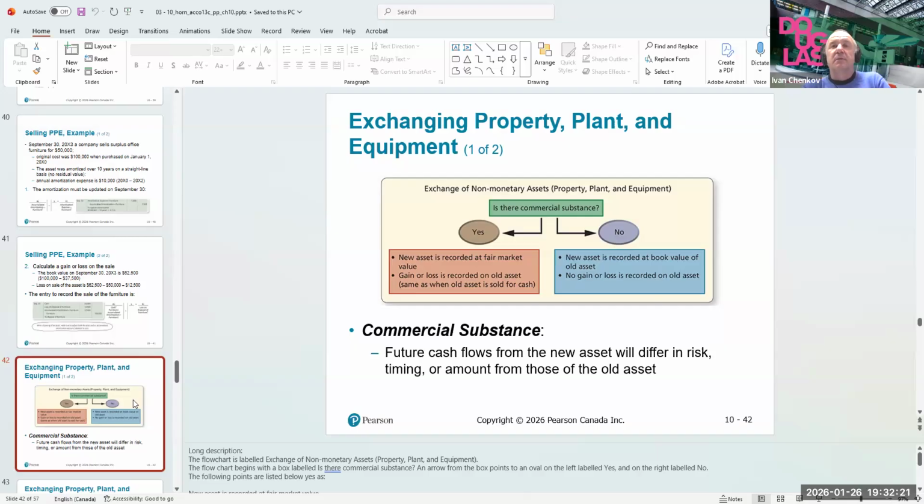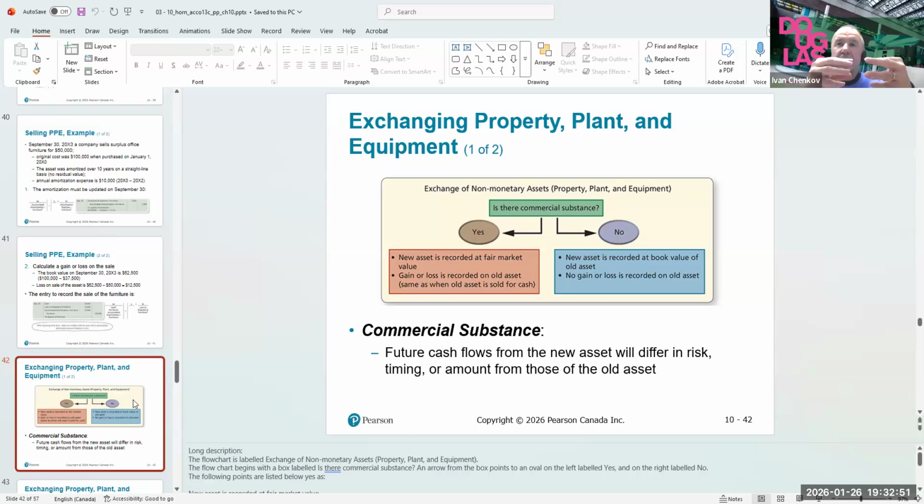The last option that we have is if we exchange the asset with another asset. Now we have two scenarios. First scenario is we're exchanging the asset with exactly the same asset. That means there is no commercial substance. What's commercial substance? Commercial substance is related to the future cash flow.